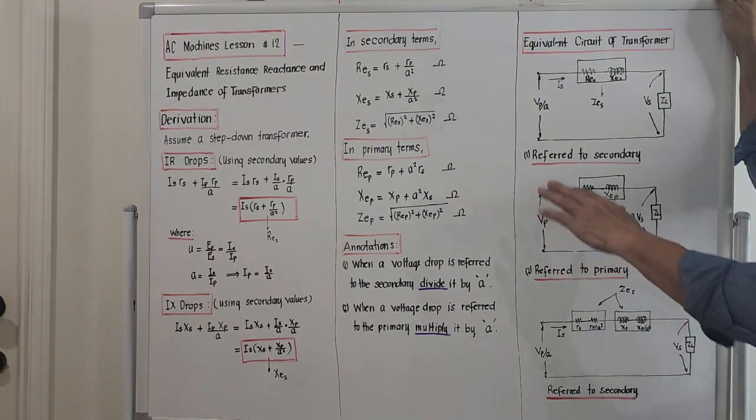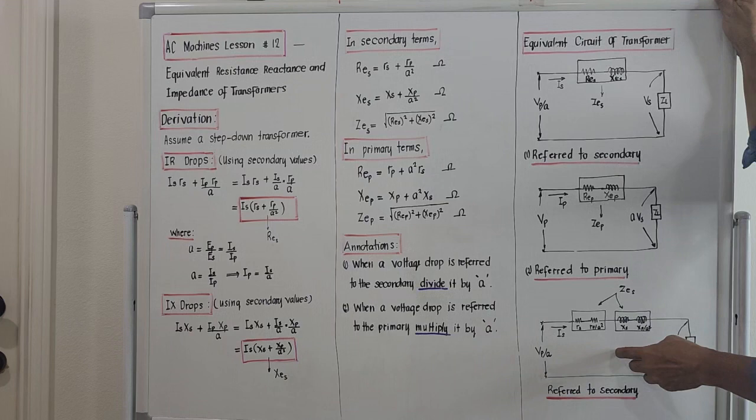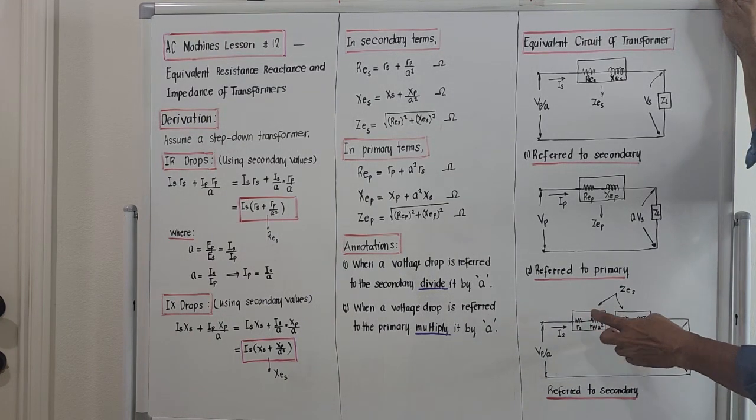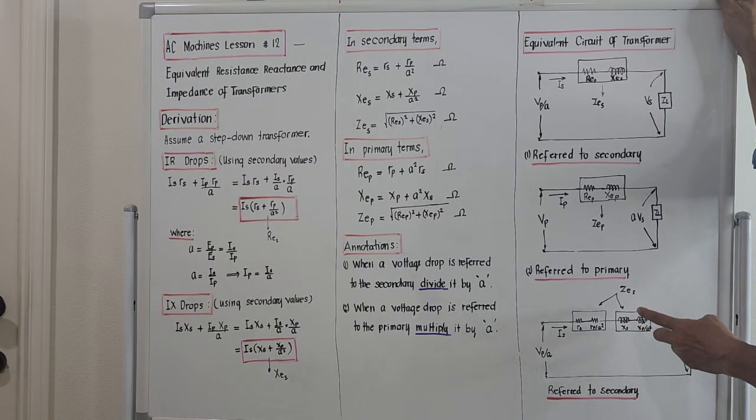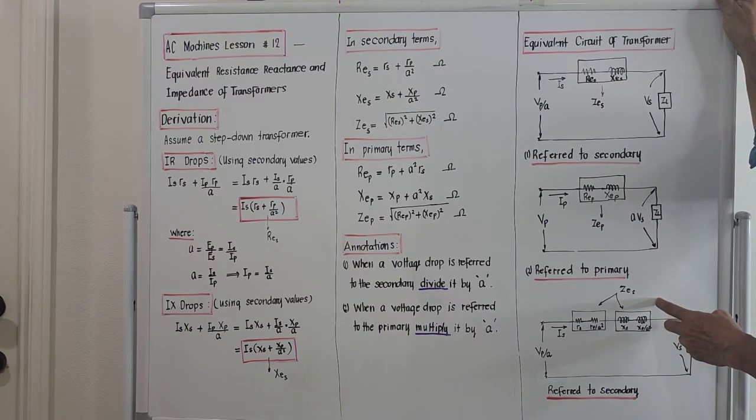The last diagram I discussed the last time around is this one. We are now given the resistance and reactance for the secondary, and the reactance of the primary and secondary.